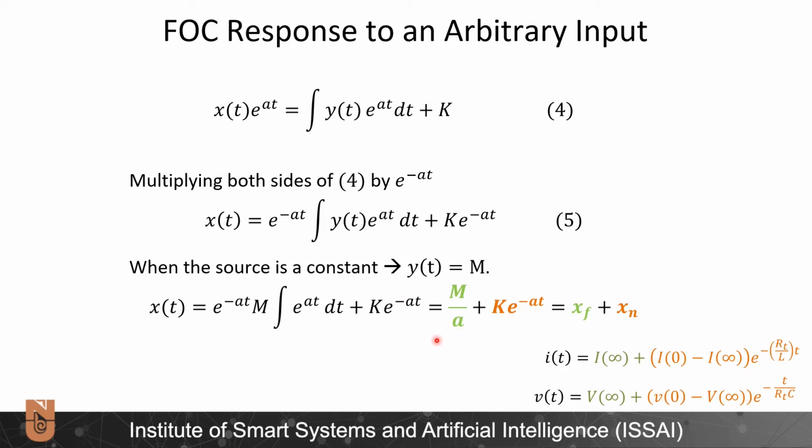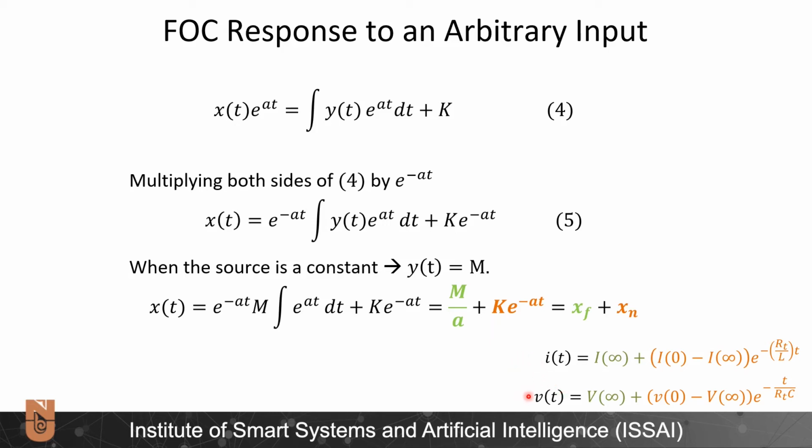So basically I found the general expression for the solution of first order differential equations for arbitrary inputs, and then I found the output for the special case in which the input is m, a constant, and the output is a constant plus an exponential decay. This green part is the forcing function, the output due to the forcing input, and this right side is the output which is called the natural response.